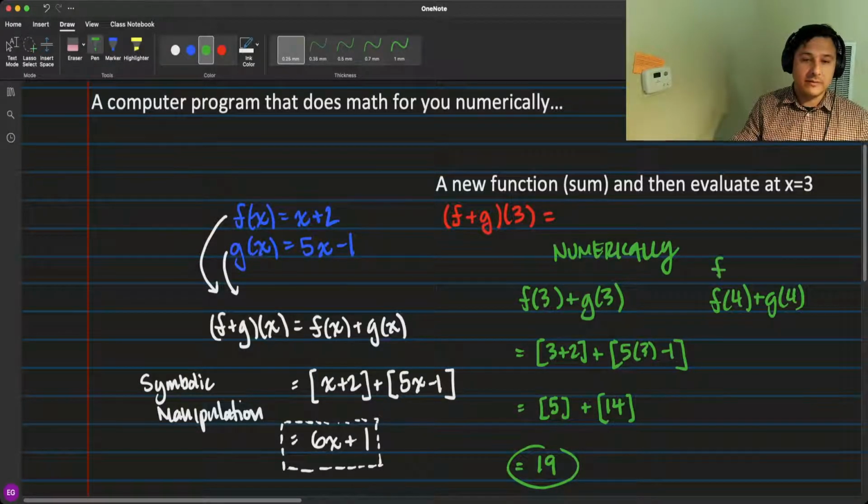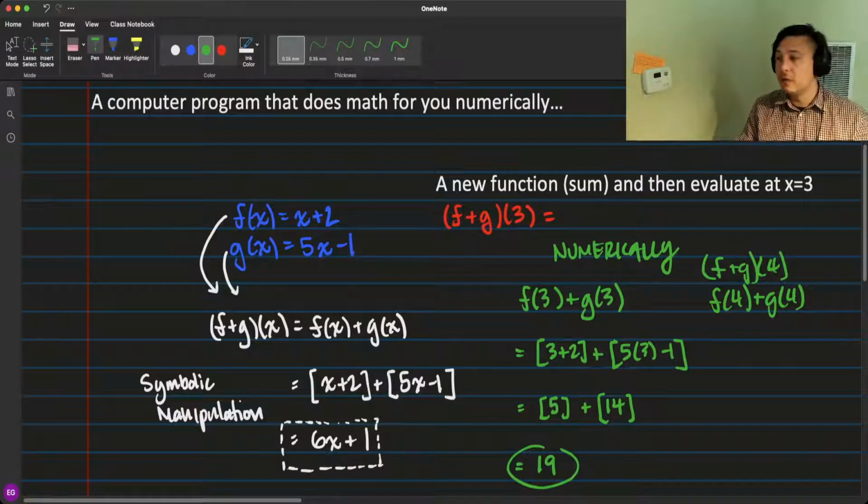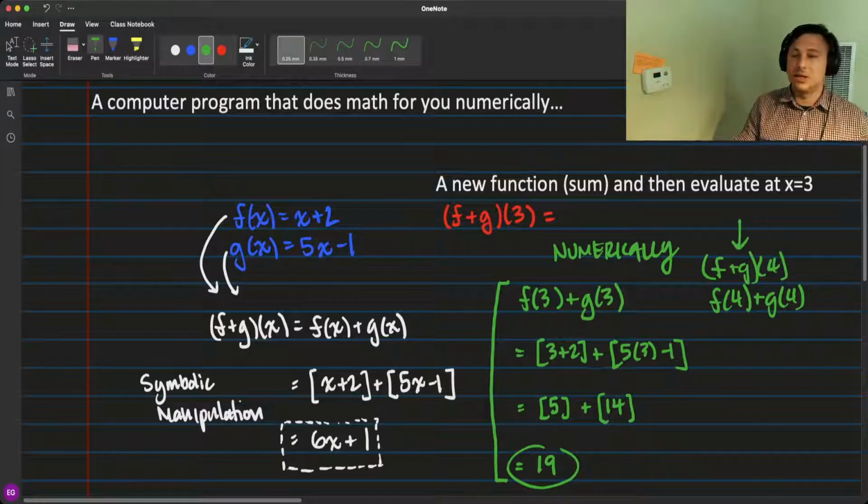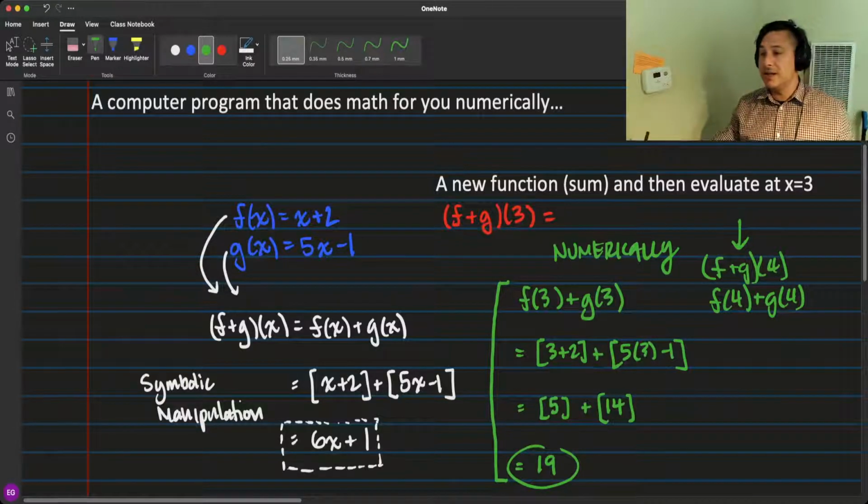In other words, f plus g of 4, right? You're going to have to do the calculation all over again. Does it make sense that this calculation here that we did is not really going to aid us in this new calculation that I want to do? But if I do it symbolically, I can take my symbolic result and plug in 3 and I can plug in 4, right?